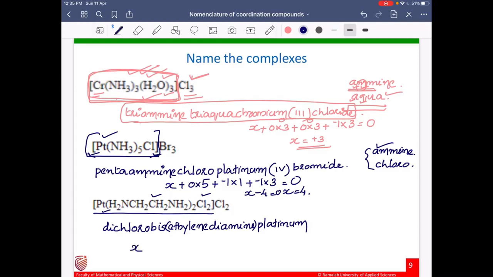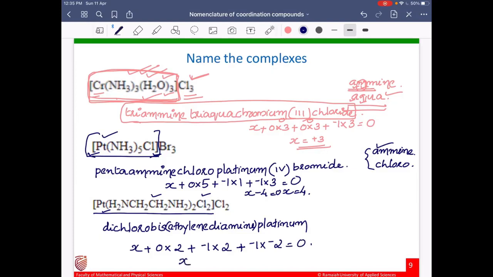Platinum, we don't know the oxidation state, that is X. Ethylene diamine doesn't have any charge, so charge is 0. How many ethylene diamine groups? 2. Plus chlorine is having a charge of -1. How many chlorine groups? 2. Plus Cl2. 1 Cl is -1, so -2, equal to 0.